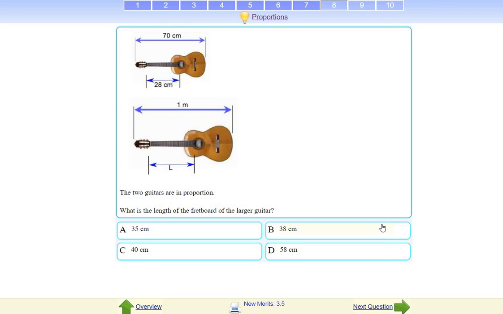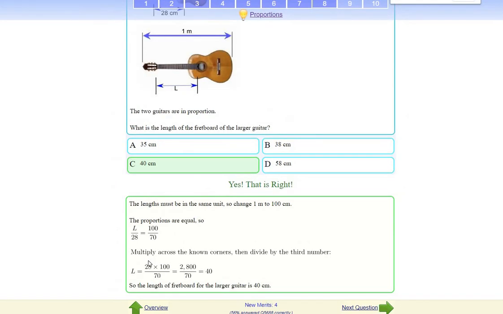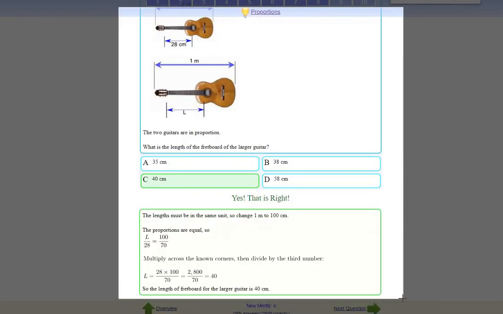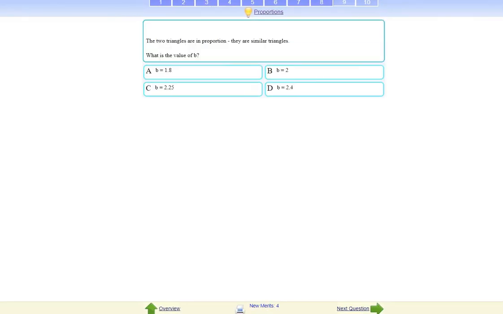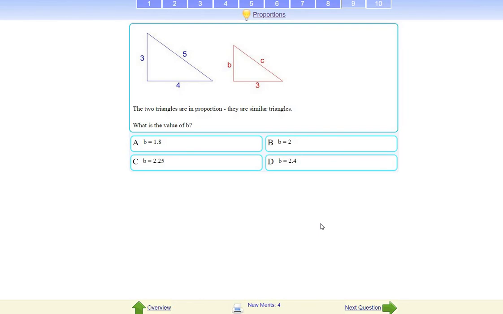Yeah, and I got 39.2, so it could either be 38 or 40. 39.2. Okay. I think 39.2 is closer to 40, right? Yeah. It's closer to 39, but there's no 39 as an option. Okay. So that is correct. Great job, Myra. Next one, number 9.